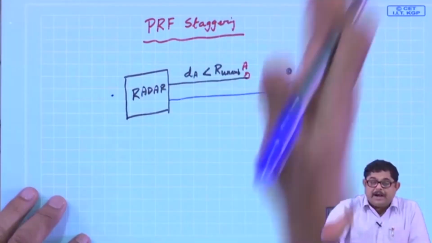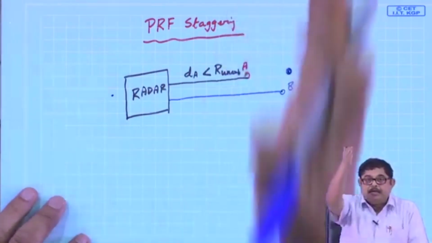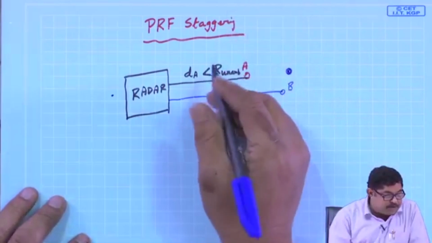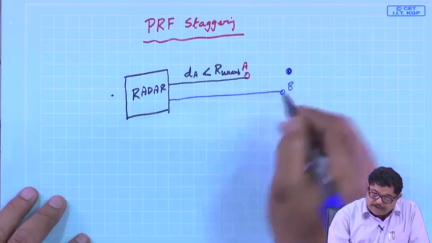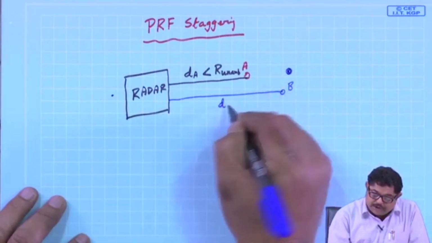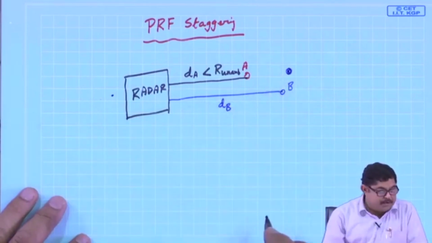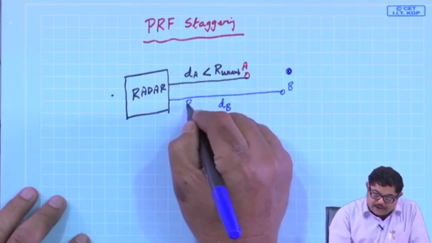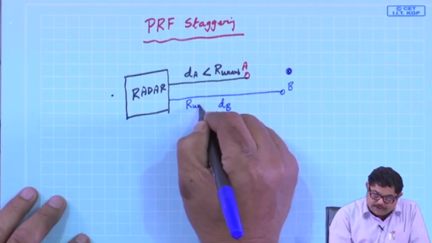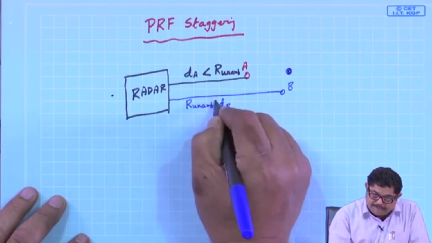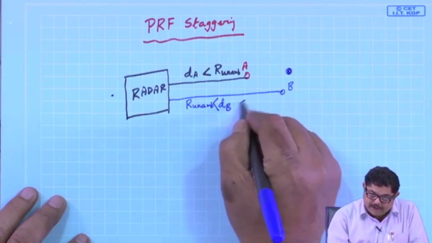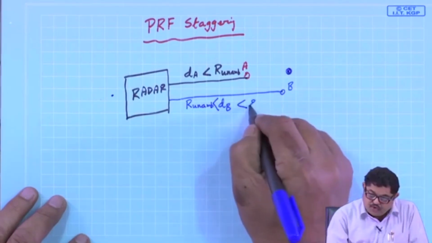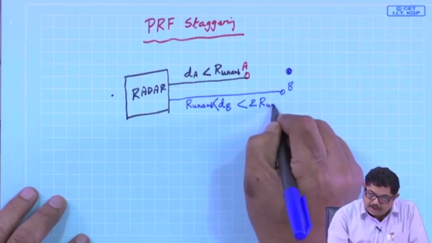Actually, from the radar they are on the same radial line, and this object is B. Its distance I am calling d subscript B. I am choosing d B such that it is greater than R unambiguous and less than 2 R unambiguous.